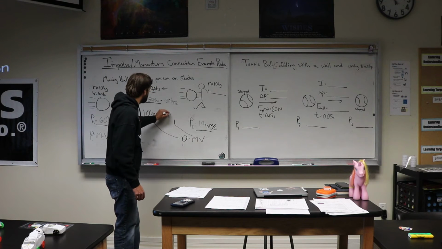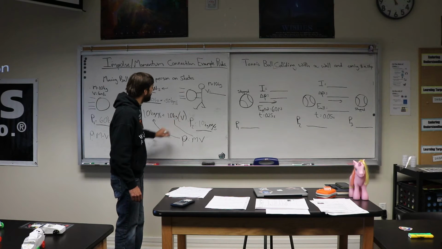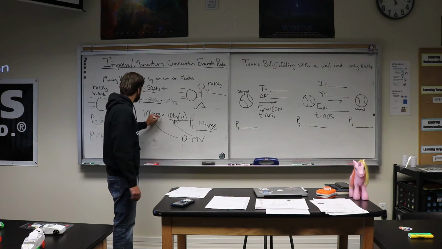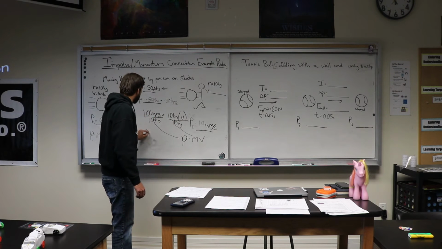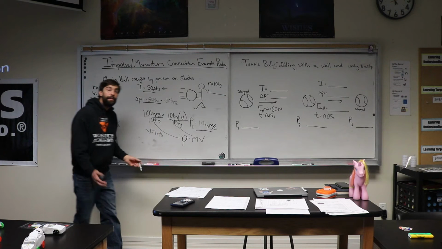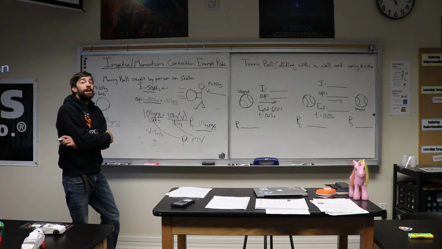Our mass doesn't change, 10 kg times our velocity. Divide by 10 on both sides, and our velocity will equal 1 meter per second. Right, so that's how we work through thinking about this.